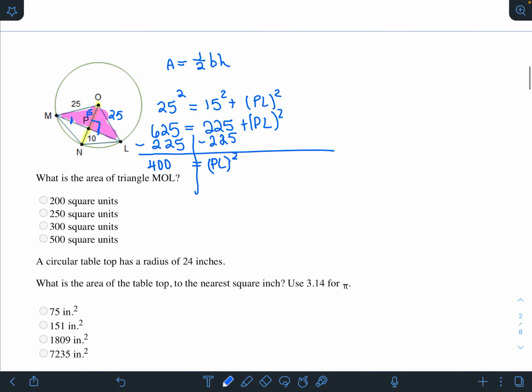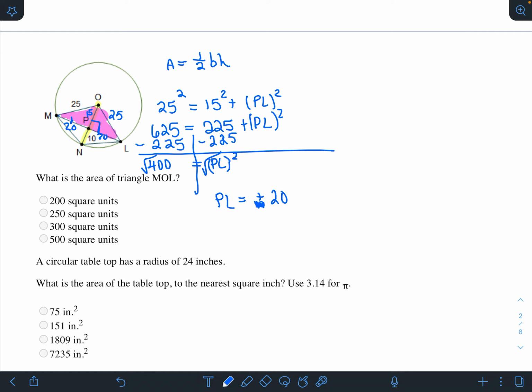All right, now I want to take the square root of both sides to solve for the length of PL. And I get PL is equal to plus or minus 20. But here, since we're talking about the length of something or the radius, it's only going to be the positive case. So positive 20. Okay, now I have that length, and this length over here is also going to be 20.